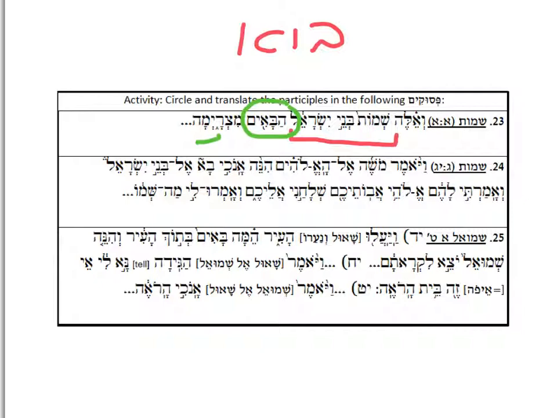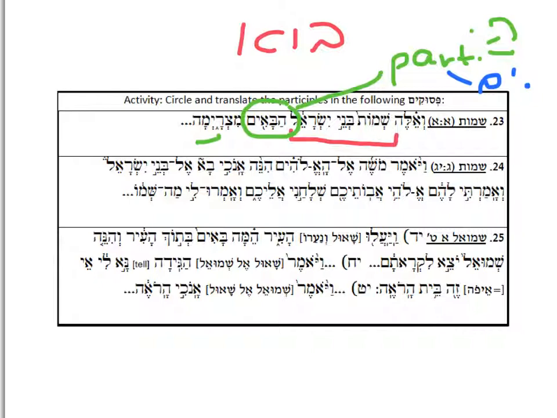What about this word tells me if it's past tense or participle? First of all, notice I have my hey hayedia, the hey meaning "the," which tells me it's going to be a participle. Also, I have my suffix im. Right? Im is a participle suffix, like shomer, shomeret, shomerim, shomerot, right? You don't have that in past tense. So I have two clues here that tell me I'm dealing with a participle.